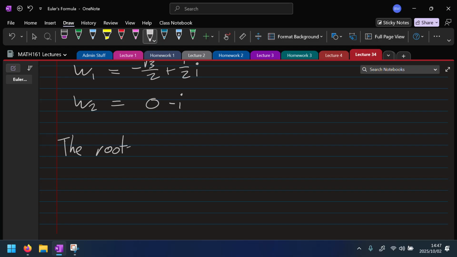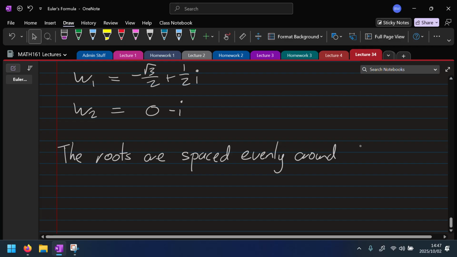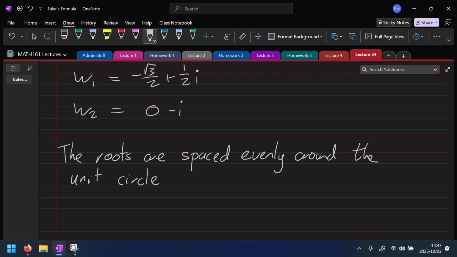The roots are spaced evenly around the unit circle, i.e. equilateral triangle.